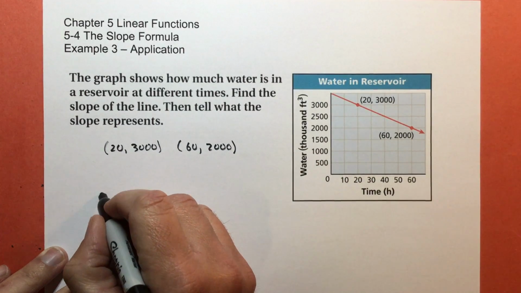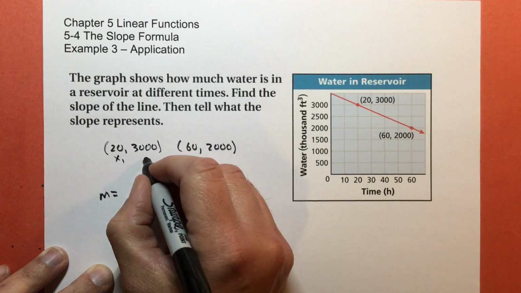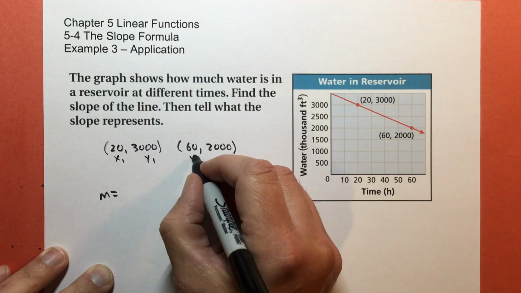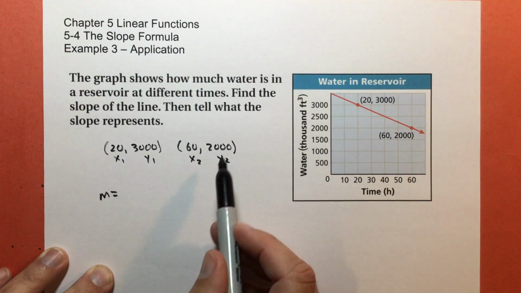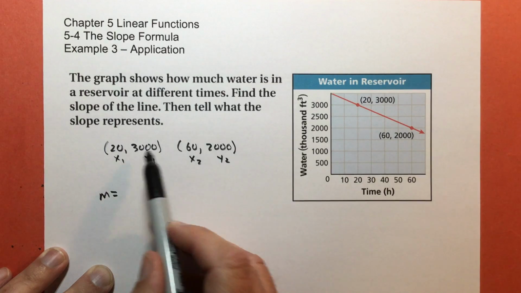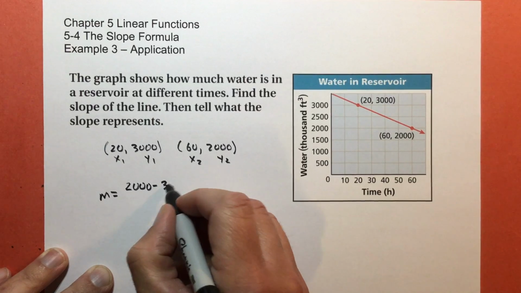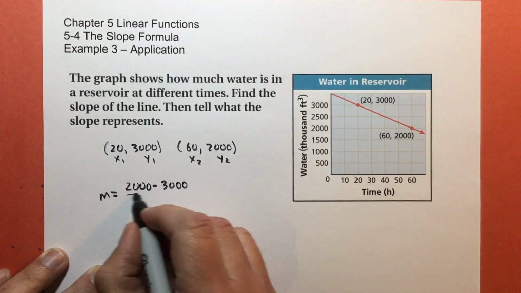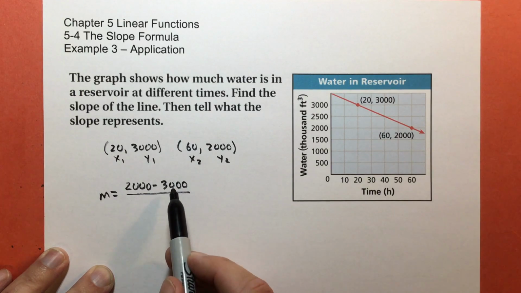Let's find the slope. Now, this is my first x, this is my first y, this is my second x, and this is my second y. So I'm going to find the difference of the y's. y2 minus y1: 2,000 subtract 3,000. Since 2,000 is smaller than 3,000, I'm going to get a negative number.